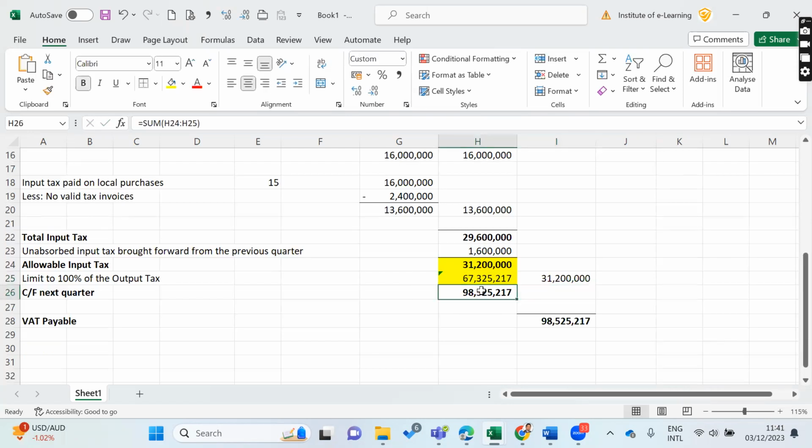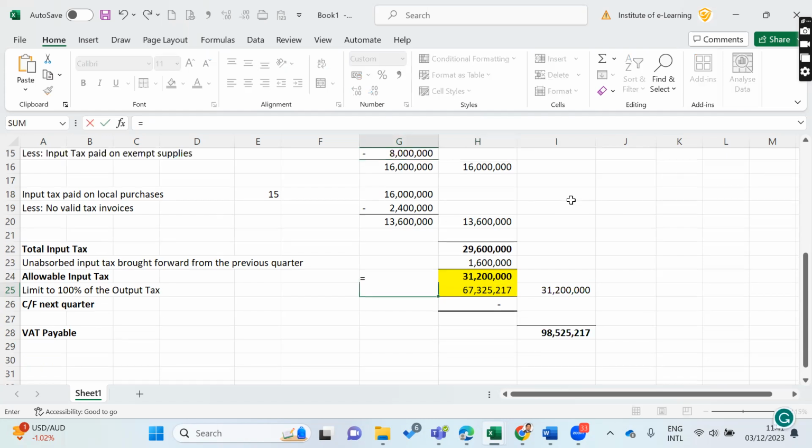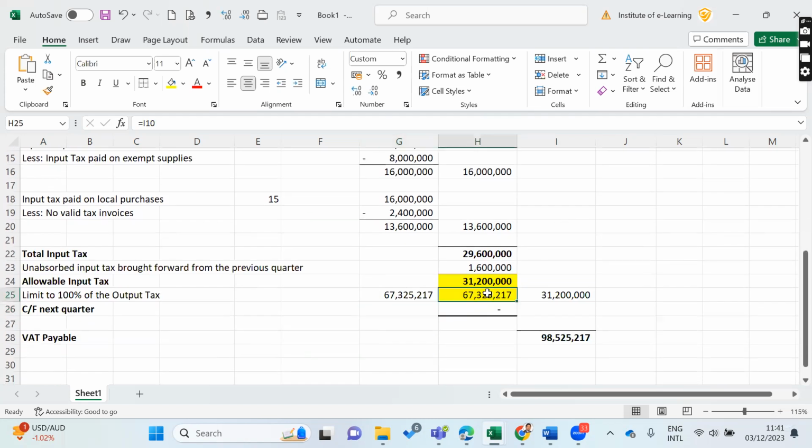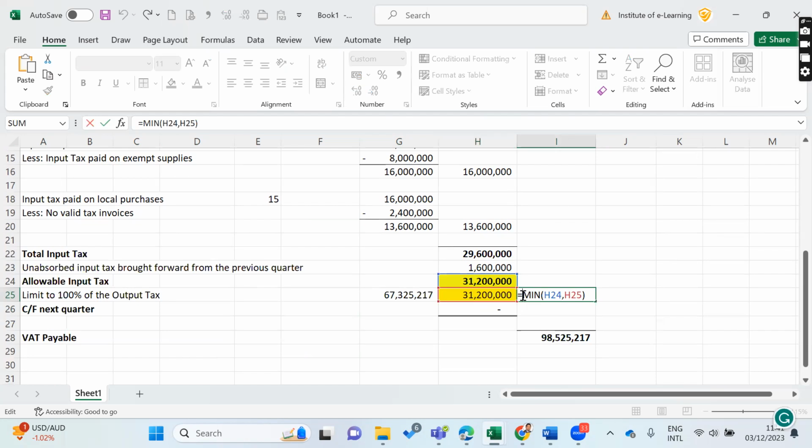Since we have output more than the input, no carried forward amount should be there, because it's higher than the inputs available. If you want, you can take 67 here in order to compare. Anyway, you can go maximum up to this.